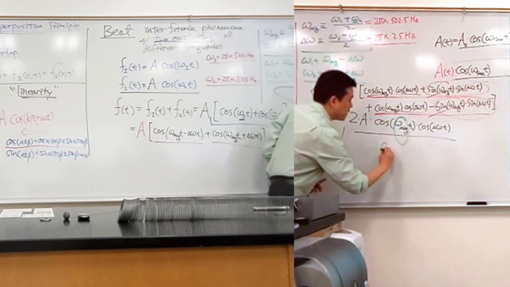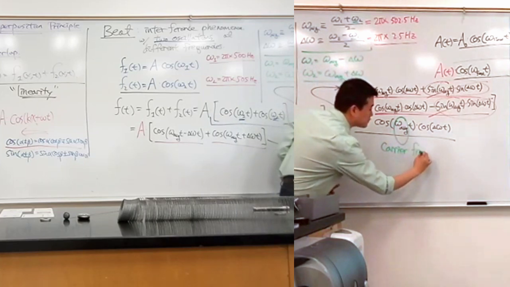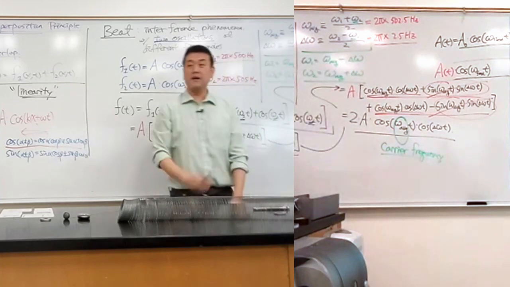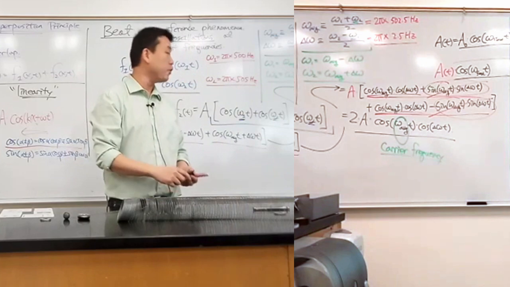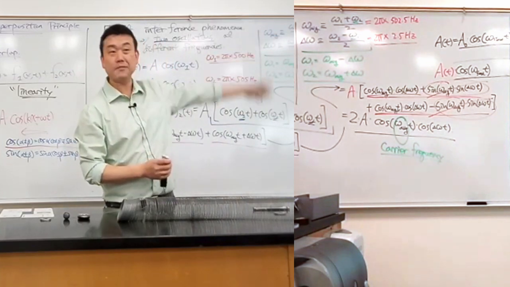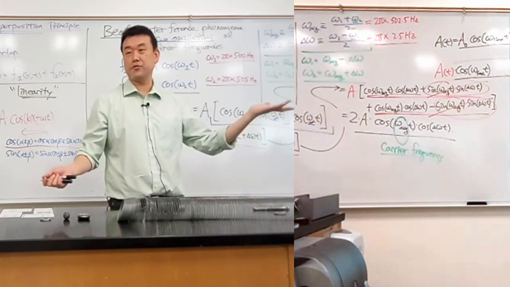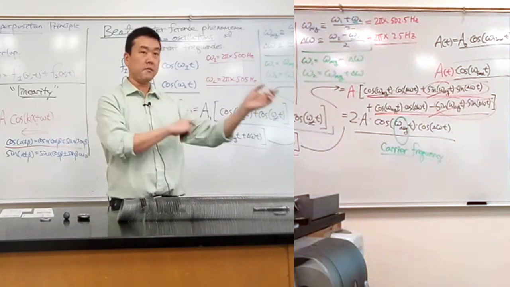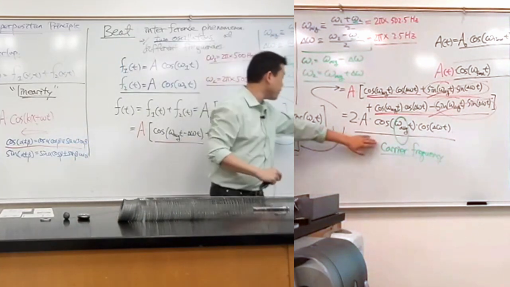This is called carrier frequency. It's the same word as your cell phone carrier, because those radio frequency or microwave frequency signals work on the same principle as this. There's a carrier frequency of, I don't know, 2 gigahertz or 3 gigahertz for your phones. And the way data is sent is by modulating that 3 gigahertz carrier frequency signal.